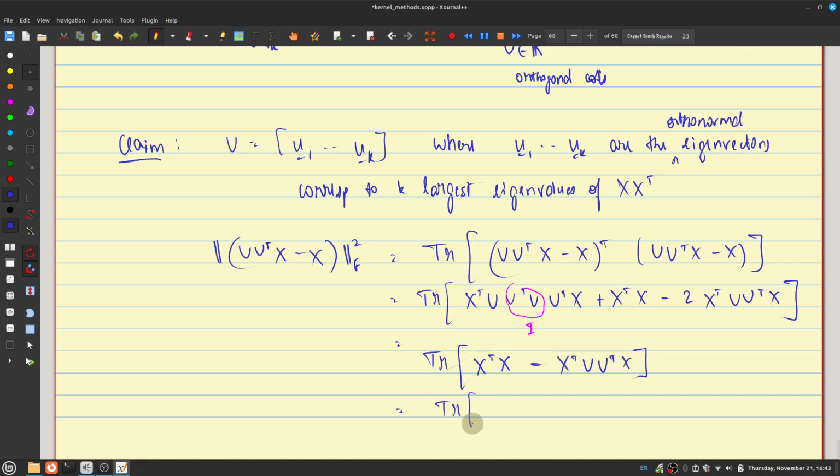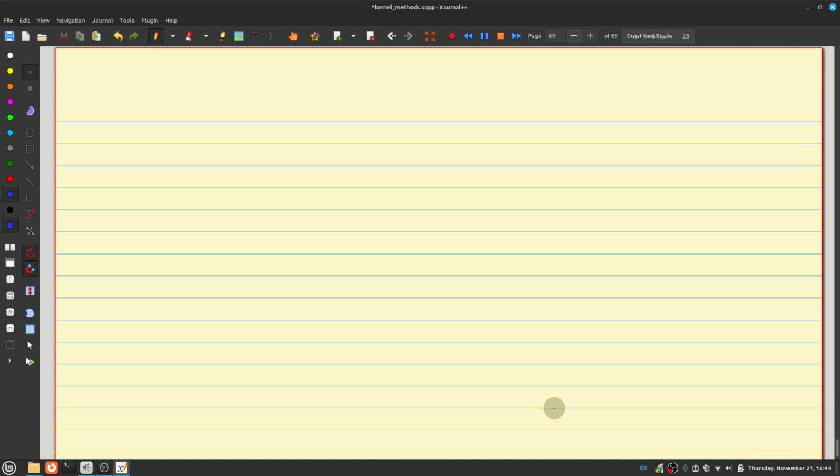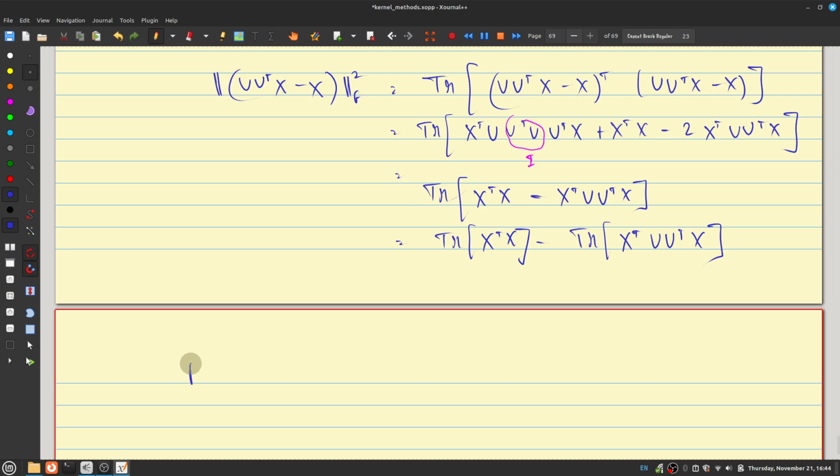This is just the trace of X transpose X minus the trace of X transpose U transpose X. So minimizing this Frobenius norm is the same as maximizing this particular trace, the trace of X transpose U transpose X.